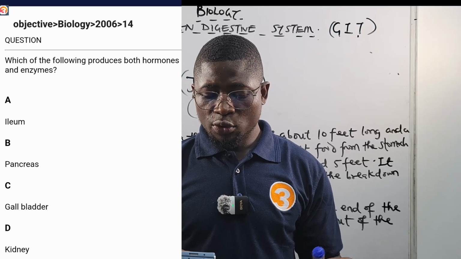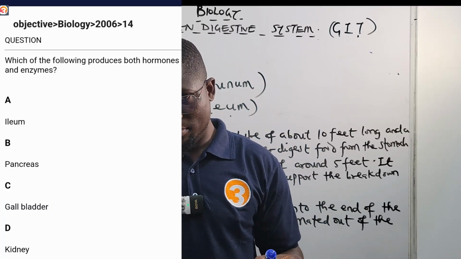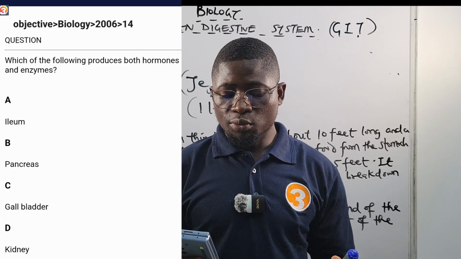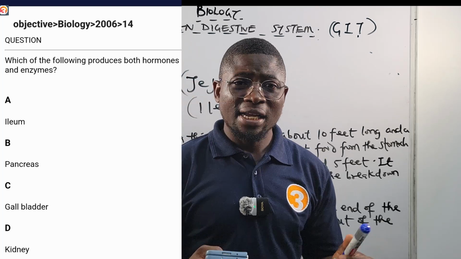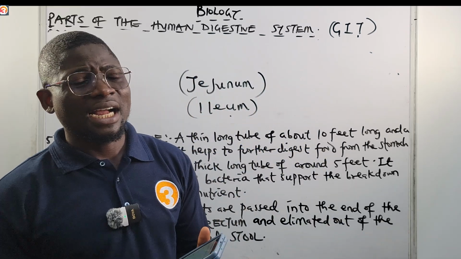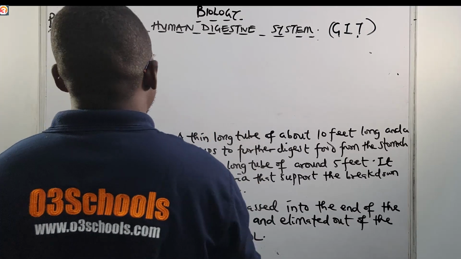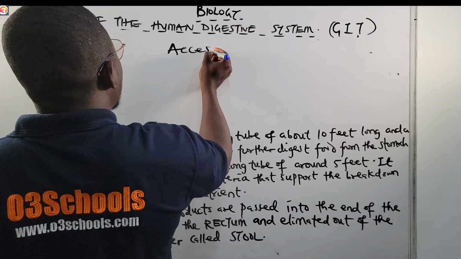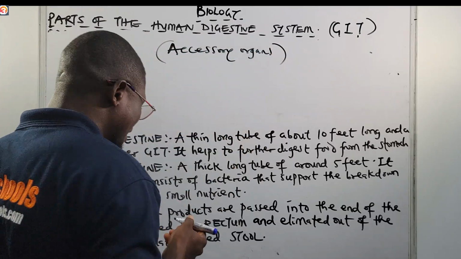2006 number 14. They ask which of the following produces both hormones and enzymes? All right, so the pancreas. I didn't actually talk about the accessory organs. These are accessory organs that also make up the digestive system.